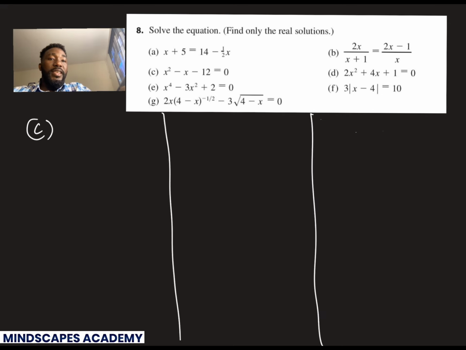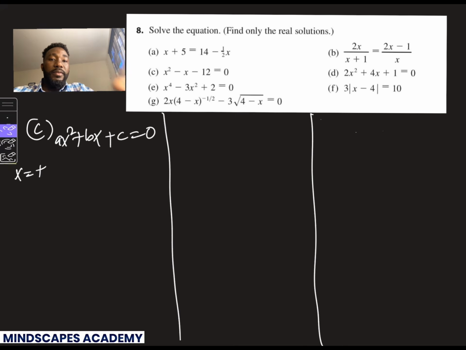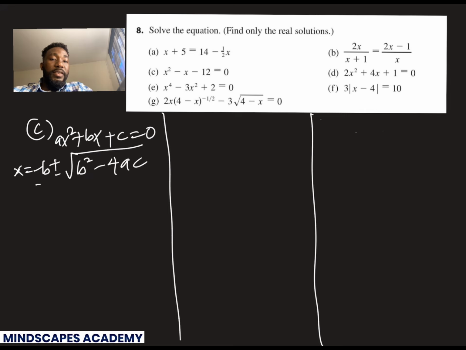So the first one, the quadratic formula. The quadratic equation generally is ax squared plus bx plus c equals 0. Using the quadratic formula, you have x equals negative b plus or minus the square root of b squared minus 4ac, divided by 2a.